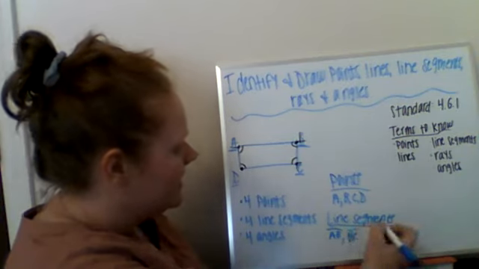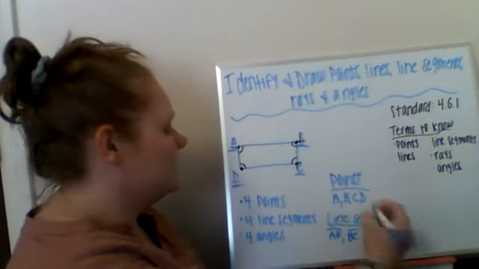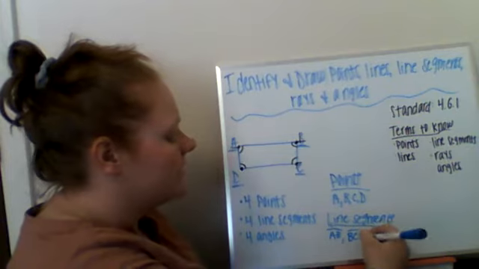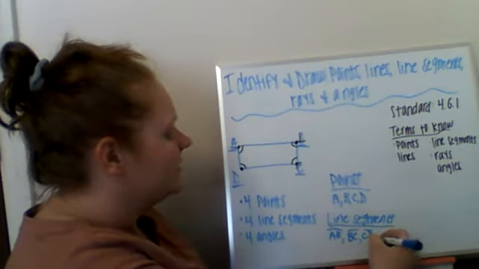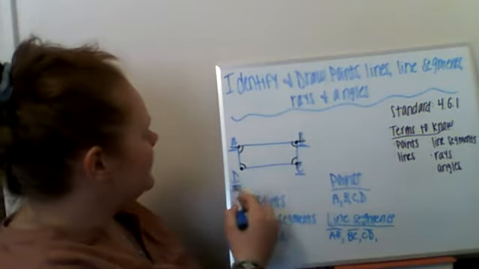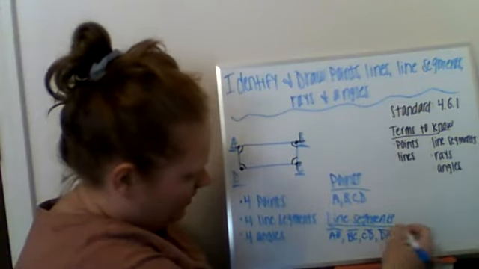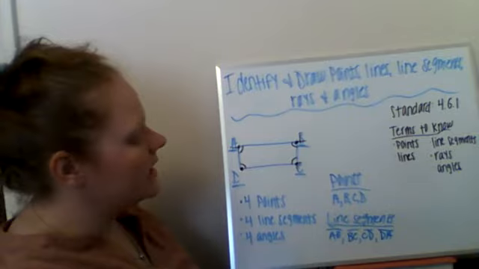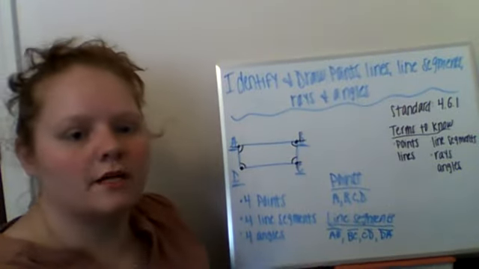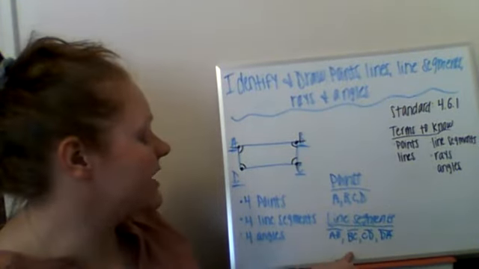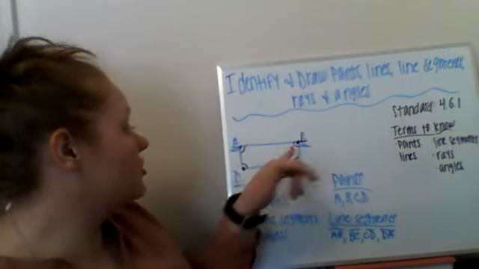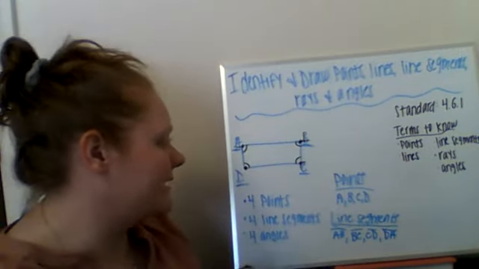Then I see CD, another one because they have 2 endpoints. Then the last line segment I see is DA. Again, a line segment just has the 2 endpoints. So the way I got these line segments was taking my 2 points, and then that's my line segment.